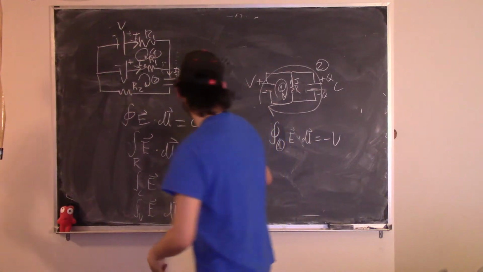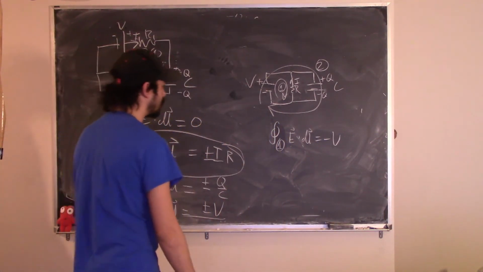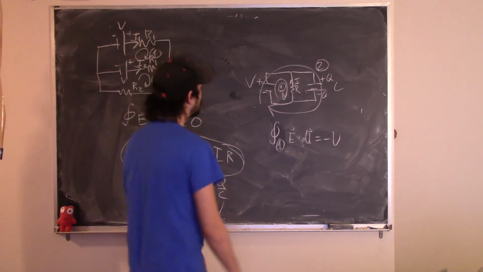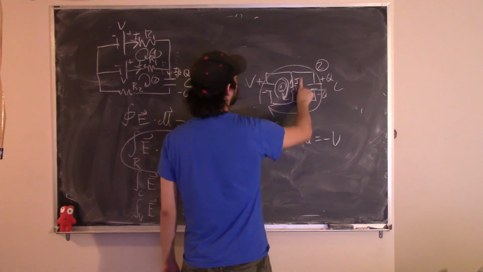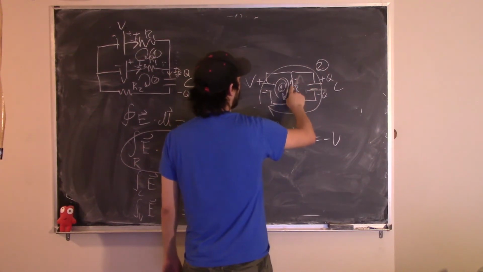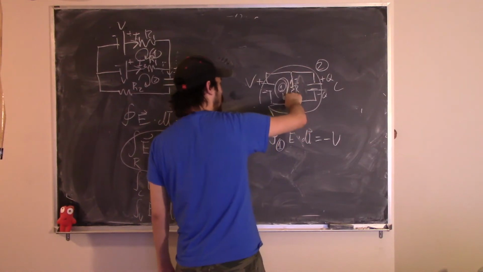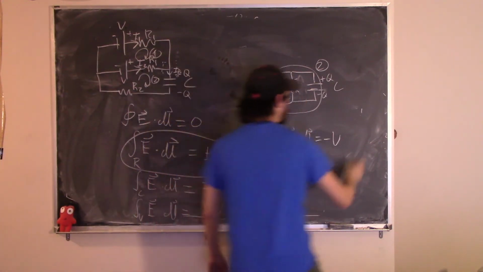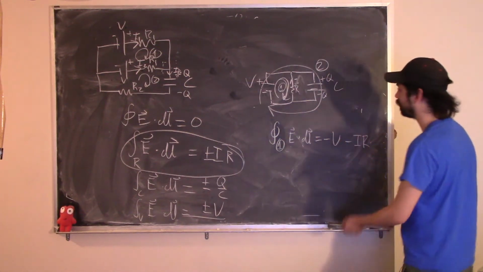Now let's talk about this one right here. When is the current going to be positive or negative? As I'm going around this loop, I defined the current going through the battery to be up. But the loop is going down when it goes through this resistor. And so what that says is this is going to be minus IR.